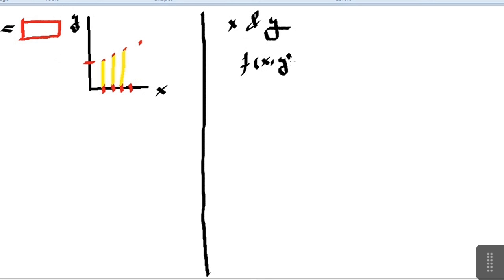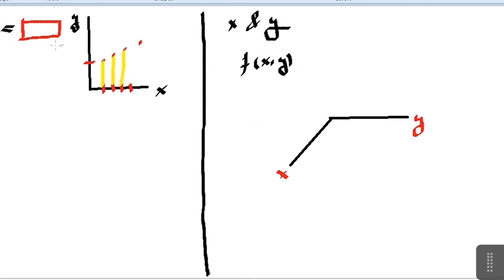Agreed? Yeah, agreed. So what is f of xy? Say we have an x-axis and a y-axis. Okay, I'm drawing in this manner, and let me plot this as x, and this as y. Great.